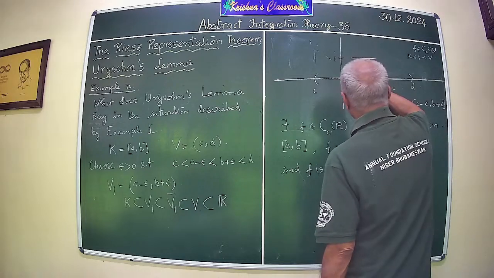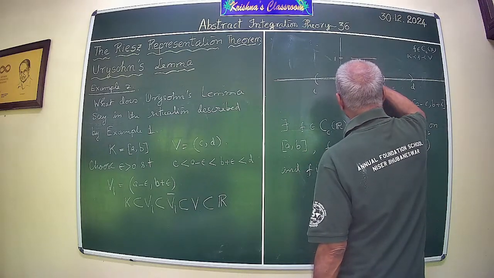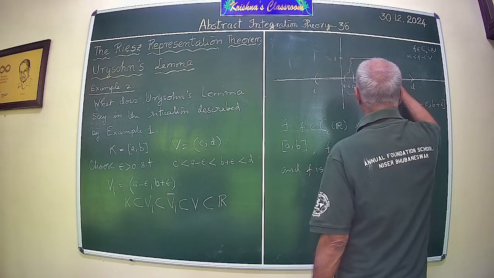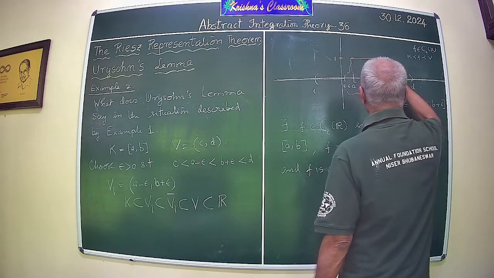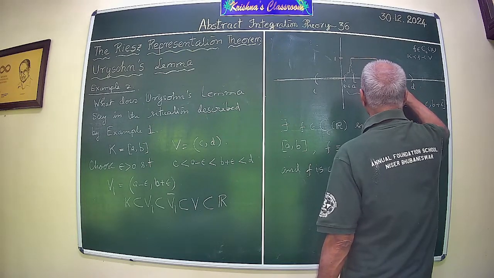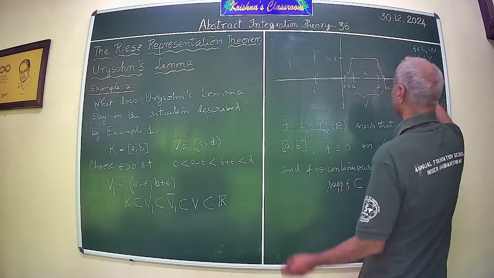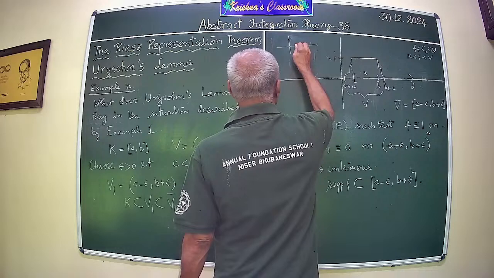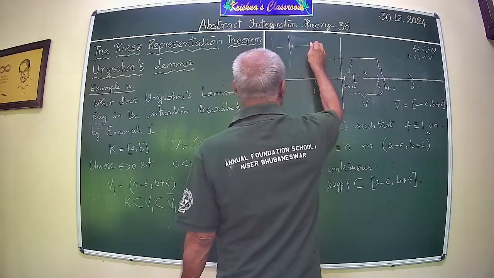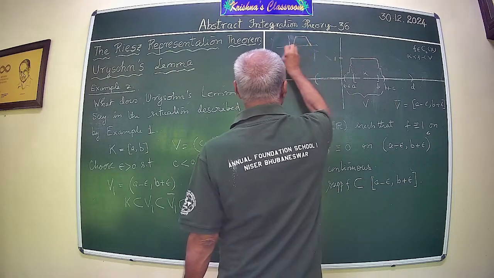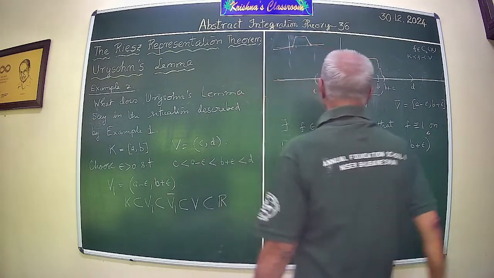And in between, what it says is that you can patch it up. No matter how small your epsilon is, you can actually patch it up like this. There exists such a function.